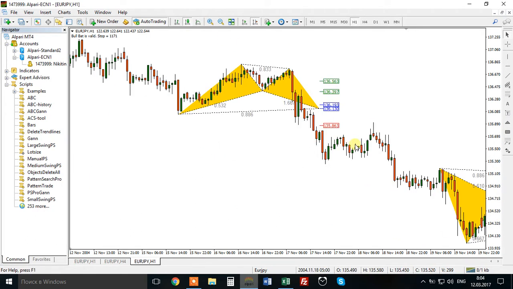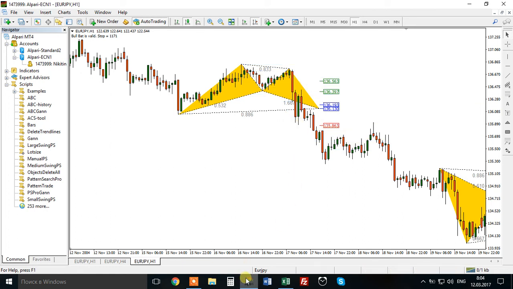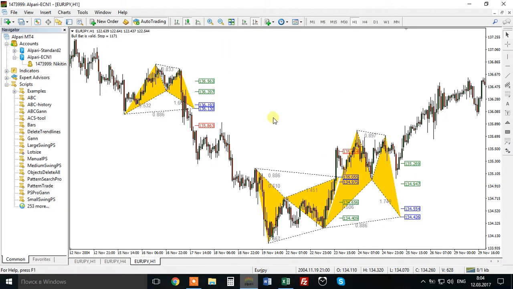Look at this price action. We didn't hit the stop loss and went to targets, so this one is a winner. Going next. This one is obviously a loser. Oh, wait.